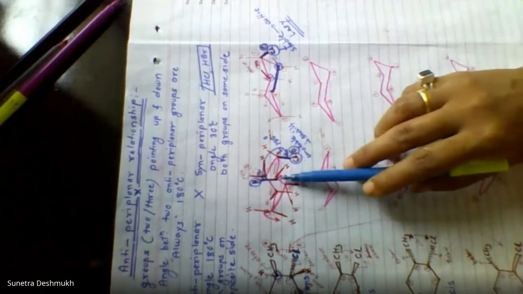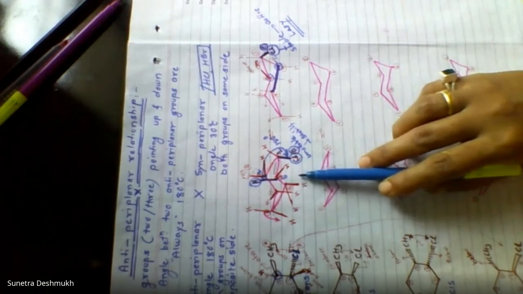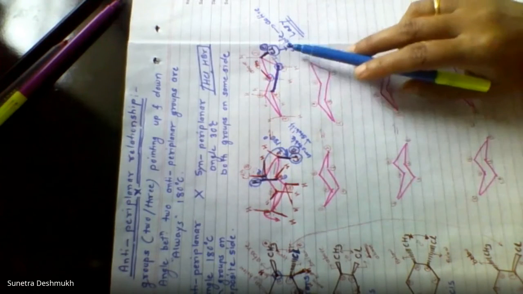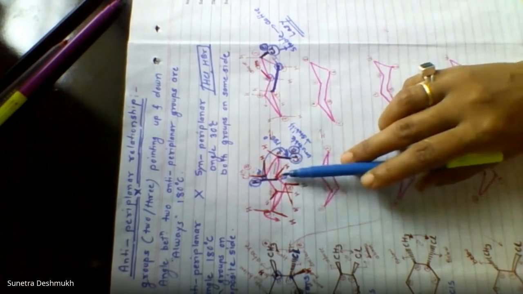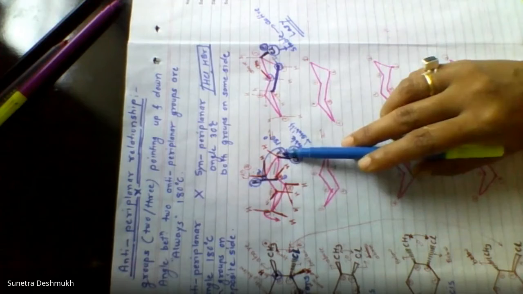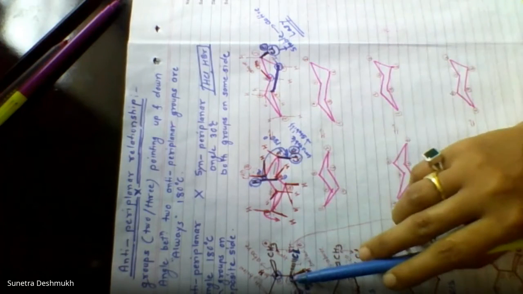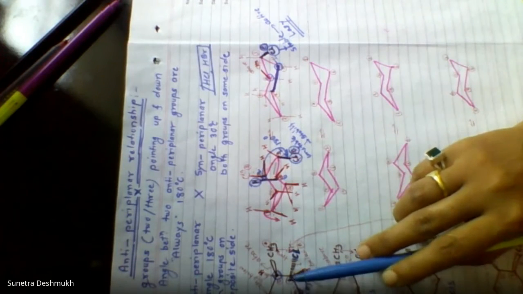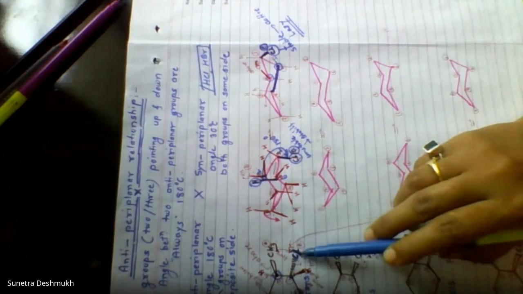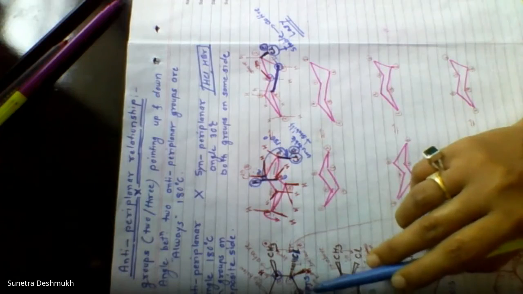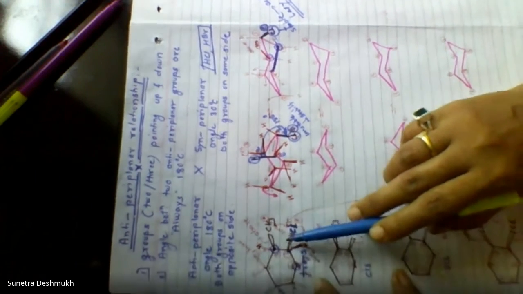Whenever a question asks about an elimination reaction, you have to write down these two chair conformations. Explain why this chair conformation undergoes elimination, why the other one does not undergo elimination, why the product is forming, why the olefin is forming between carbon number 1 and 2, and why it is not forming elsewhere.